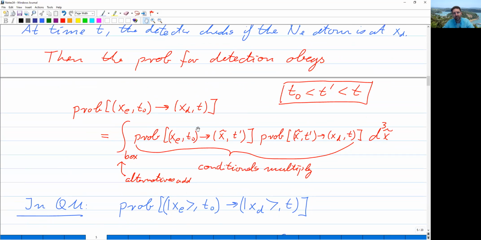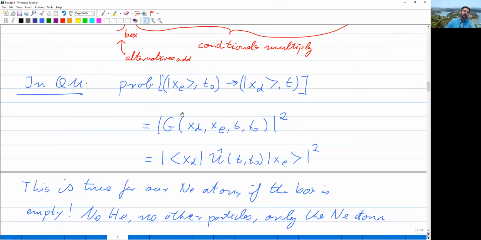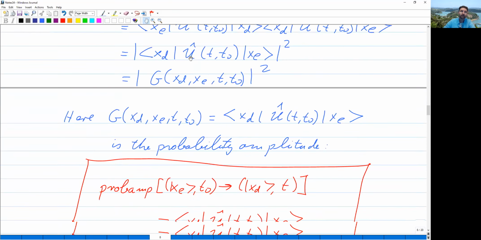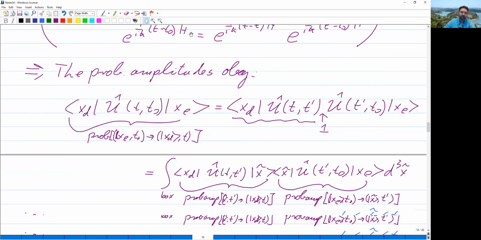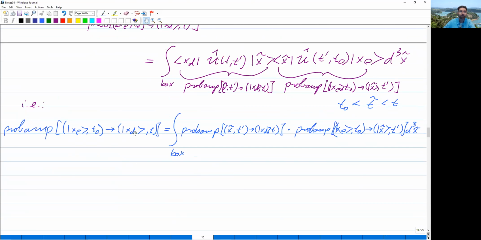Also probabilities here to travel from the emission point to the intermediate point, from the intermediate point to the final point, but with the helium we had probabilities here. Without the helium, without observations, without interactions, when the neon is undisturbed, then we have probability amplitudes here.